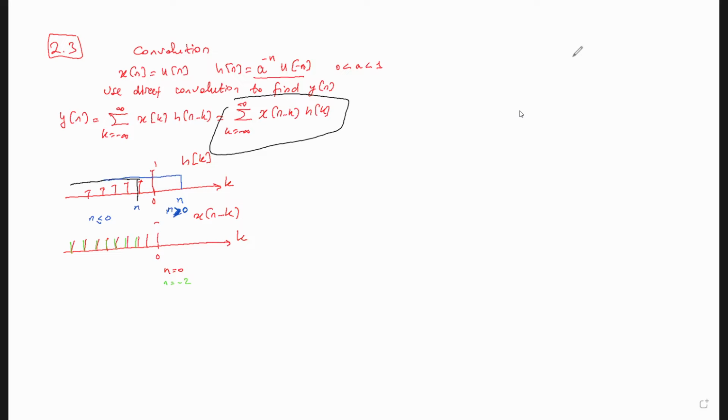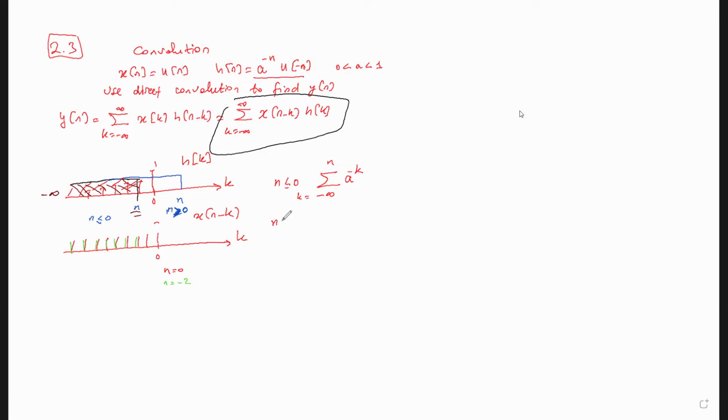The first one, where n is less than or equal to 0, that's going to be the summation. So the range of this, let me use another color, from minus infinity to n, or k, a to the power minus k.